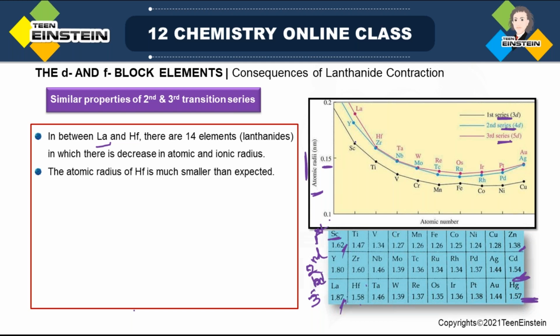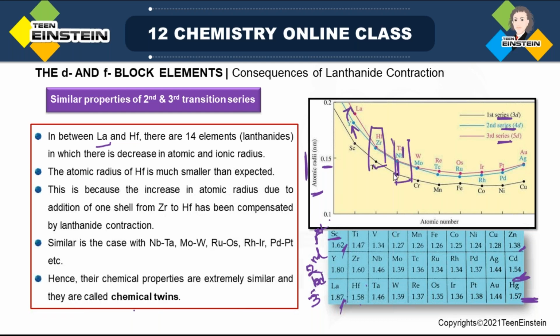See here, when you are moving from scandium to yttrium to La, there is a normal increase. But after that, when it is group number 4, then group number 5, that is vanadium, niobium, tantalum, see, there is a gap between these two, but these two are the same.